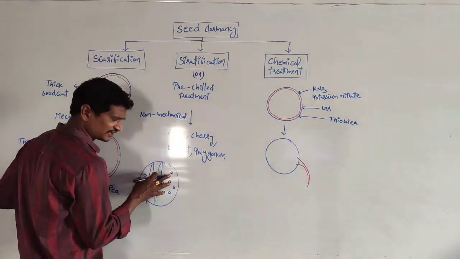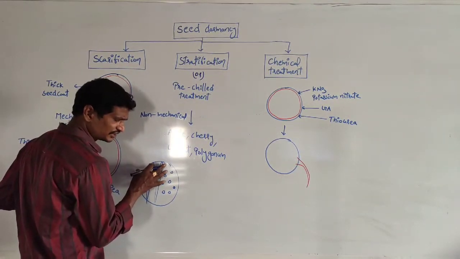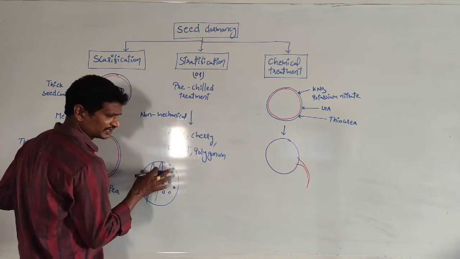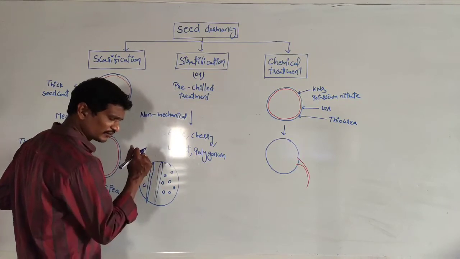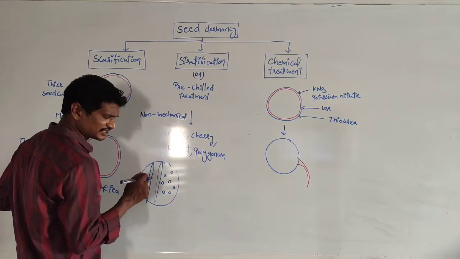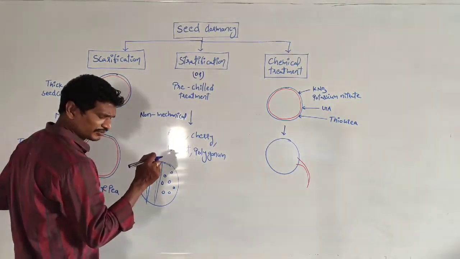When we apply the mechanical pressure, the hard seed coat or thick seed coat changes into a thin seed coat at certain regions. Where we apply the mechanical pressure, at that region the thick seed coat becomes thin.